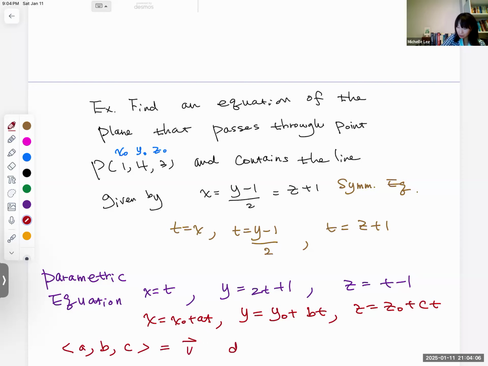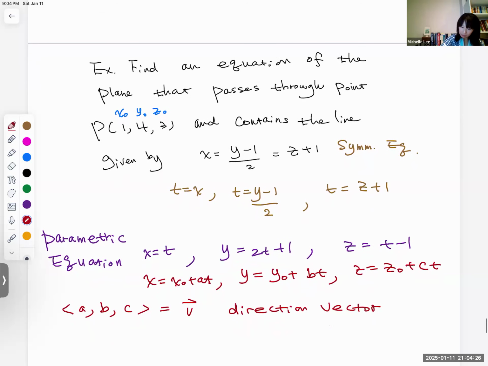In that case, it's a direction vector, right? Okay, so what is this? That will be 1, 2, 1. So vector v equal to 1, 2, 1.